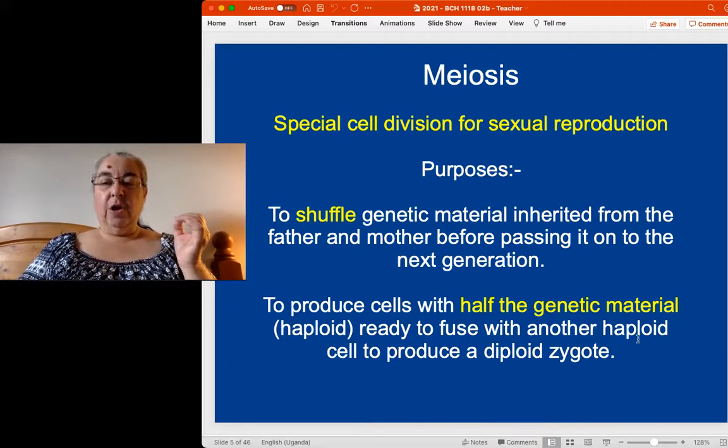Half means half the normal genetic material, in other words, only one copy of each gene. Diploid means two copies of each gene. So we're going from sort of half to two. There's no actual one in the middle there.